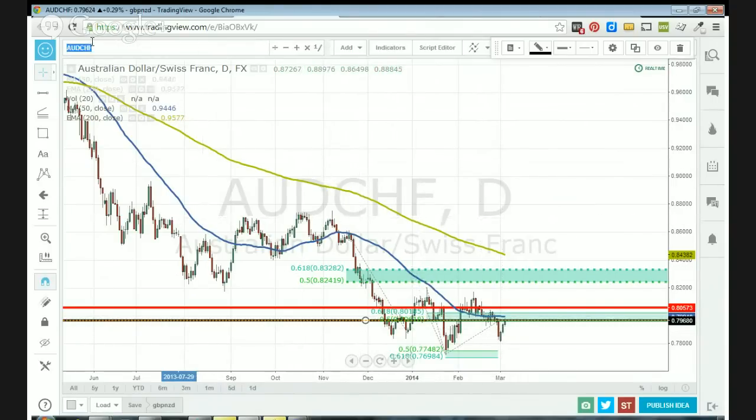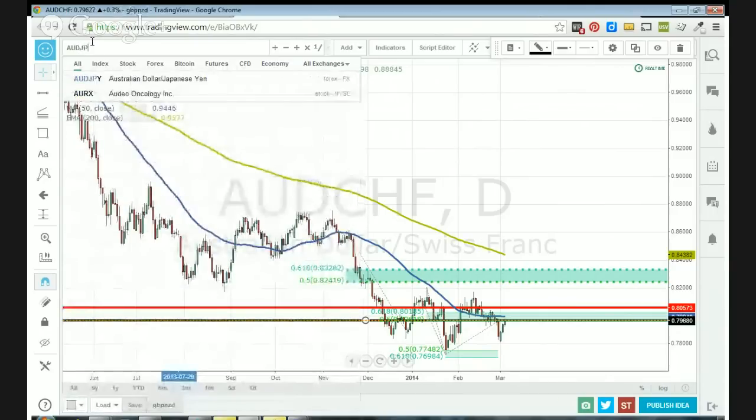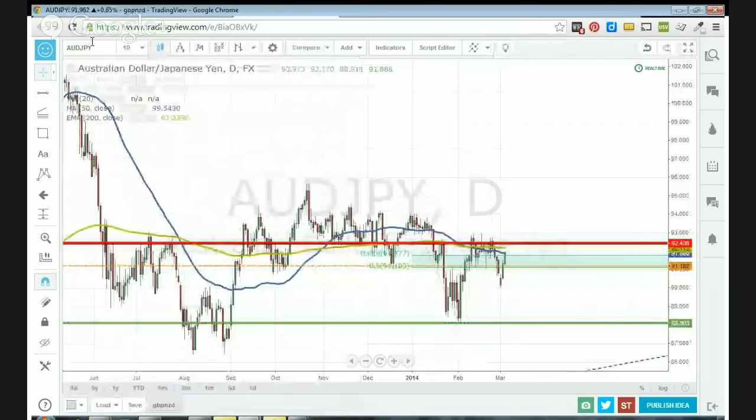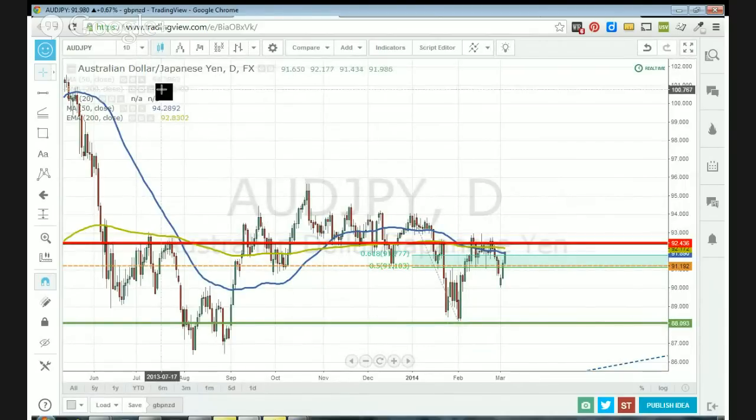Also, I have a short Aussie-yen position. My stop is already at break even here, so that's the good news. If my stop gets hit, I will not lose any money, although of course we don't want the stop to get hit because then I'll be out of the trade as well. We're back at the 50 simple moving average and 200 exponential, so price still has to go through both before I can hit my stop at this red line.